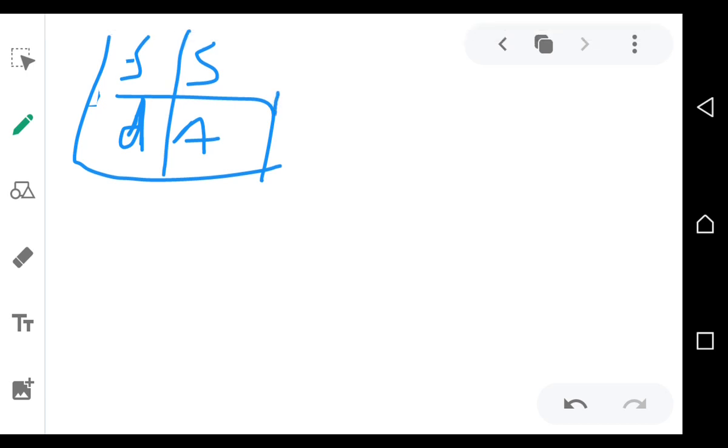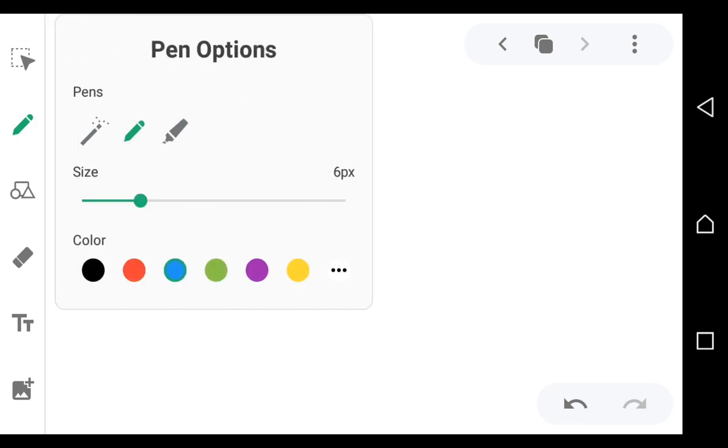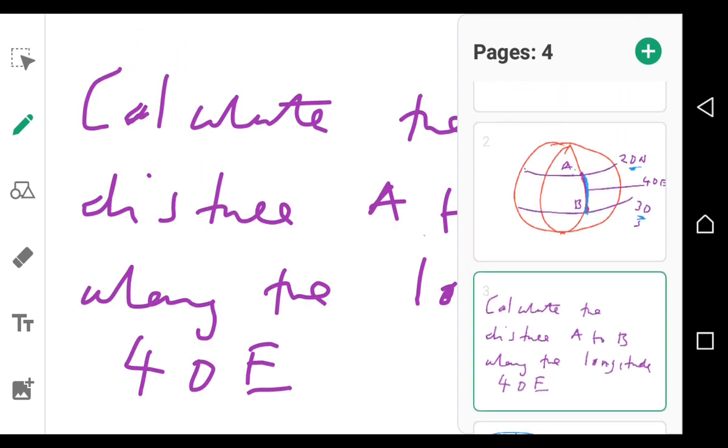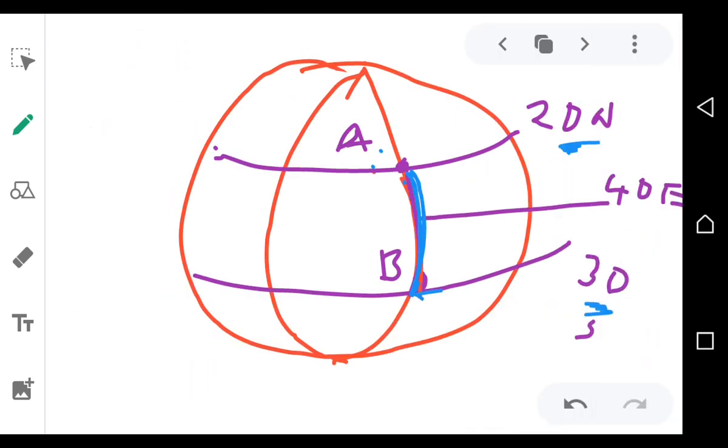So SSDA, and then what are the latitudes that we're using? Look at the coordinates.